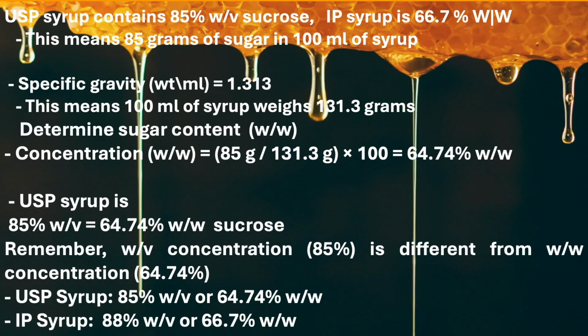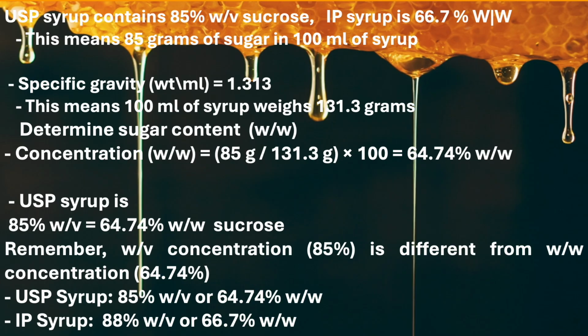Now you have one test, that is specific gravity, which is weight per ml. You have a specific gravity bottle and you fill it with plain water, then you fill it with the syrup, find the difference in weight and calculate the weight per ml. The weight per ml for USP syrup is 1.313.